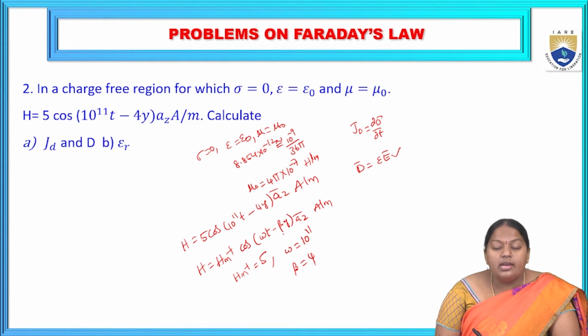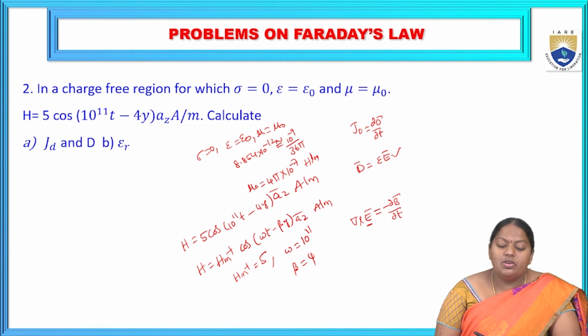There is a direct relation between electric field intensity E and magnetic field intensity H, given by Faraday's law: ∇ × E = −∂B/∂t. From this, we first evaluate the E value, from that we find D, and from D we estimate the J_D value.